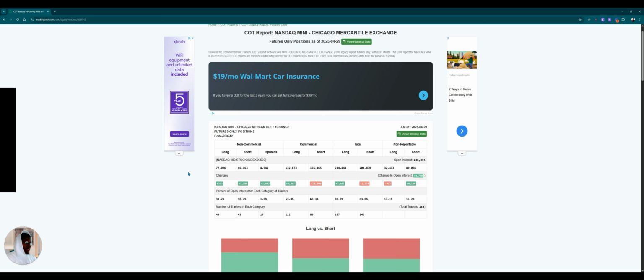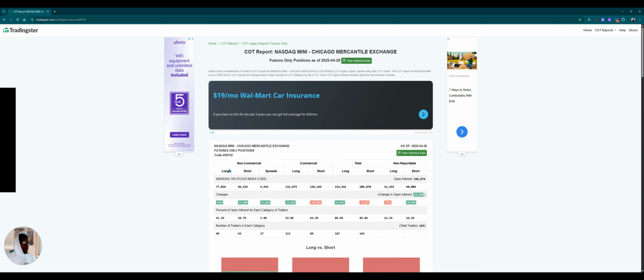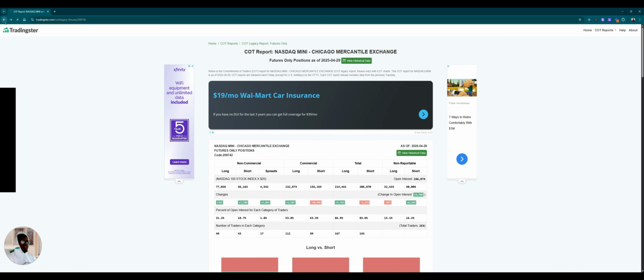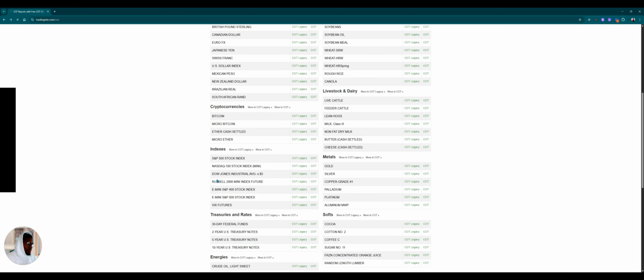in your fundamental analysis. You should also check Forex Factory. You should also check investing.com. But this website is where you can see where the big institutional players are actually holding their longs or holding their shorts. And you're able to see this not just for the NASDAQ, but for any other market that you trade.